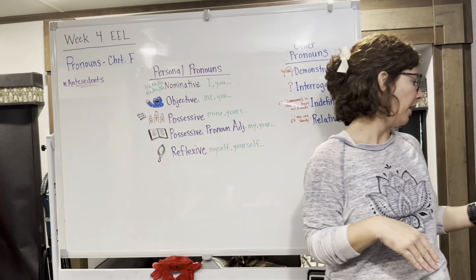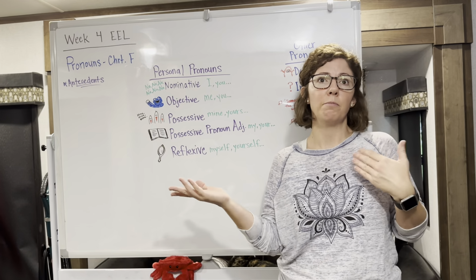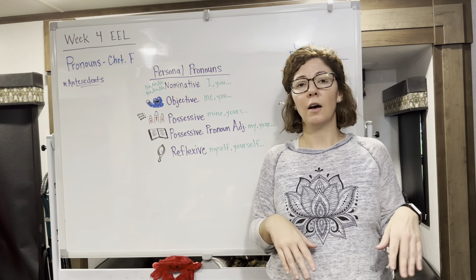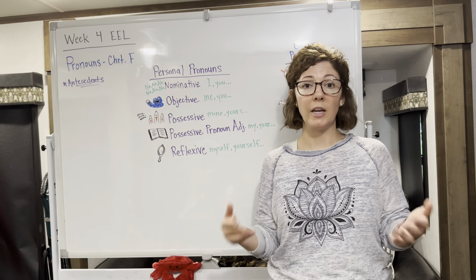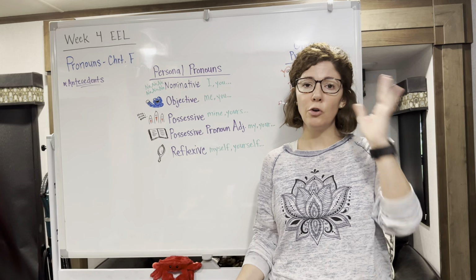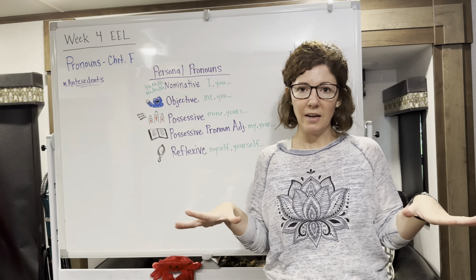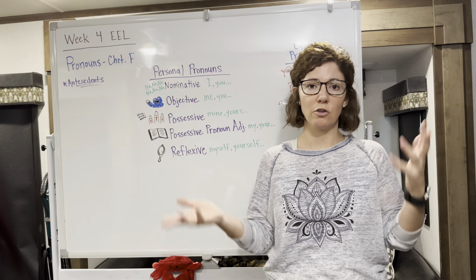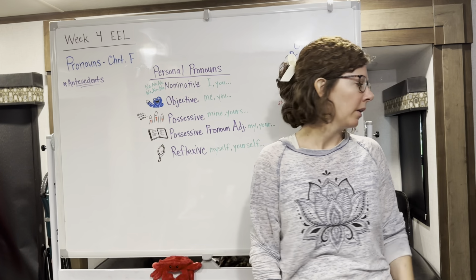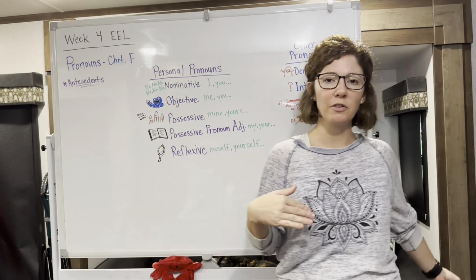Male is a boy, a he, him, himself. Female is a girl, she, her, herself. And neuter would be neutral. It's an it. It's not really a person classified as a he or she. We don't know what it is. So that's our first categories.